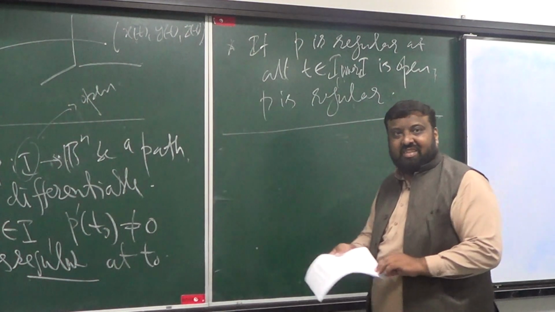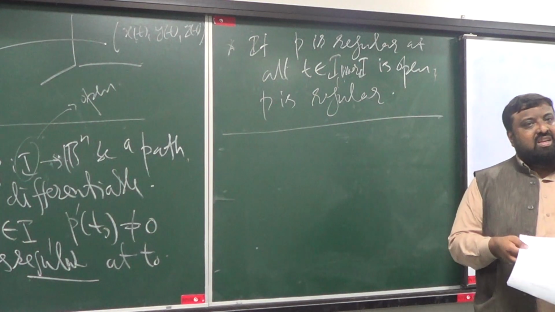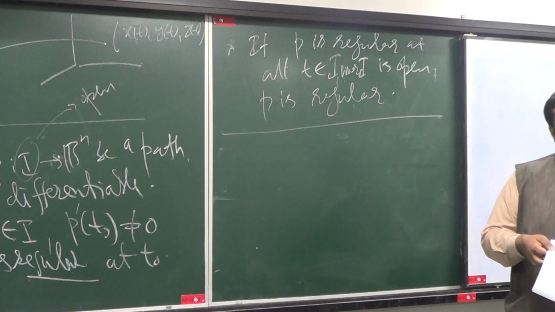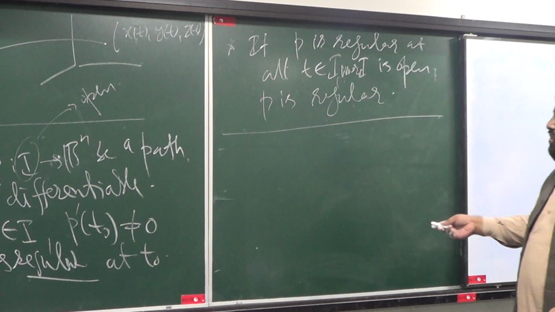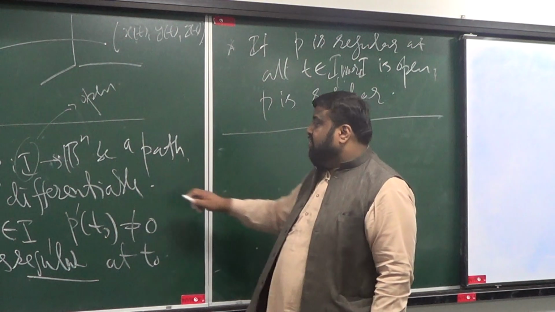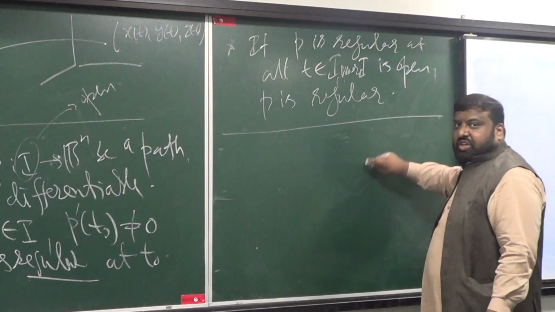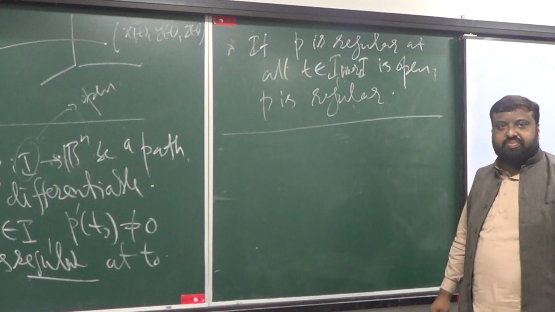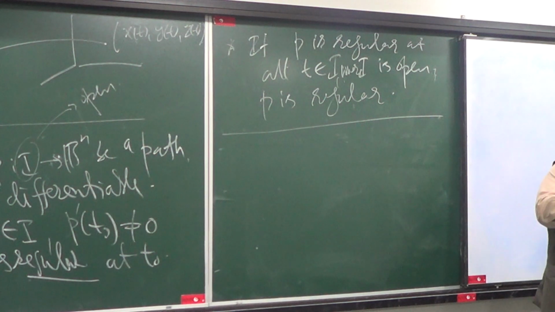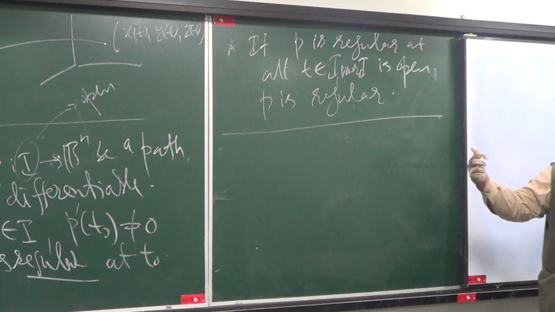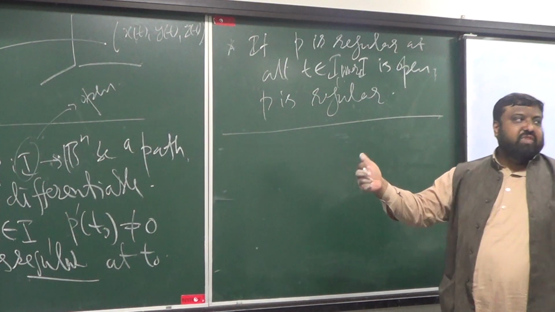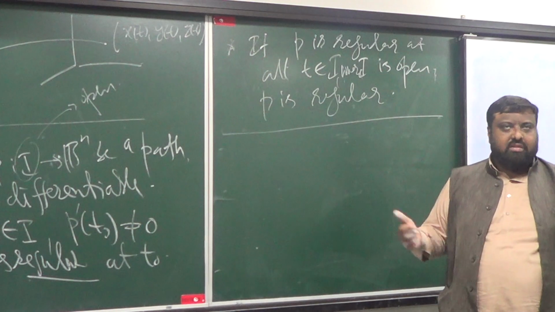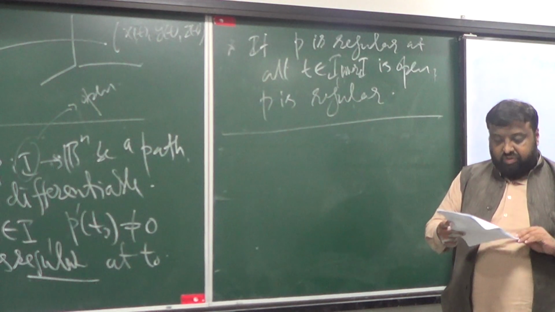Sir, will the path represent trajectory or velocity? Or displacement? What will the path represent? The path is going to be a trajectory, with respect to time. Yes. But for a fixed t, it's a vector in Rn, or actually it's a point in Rn.